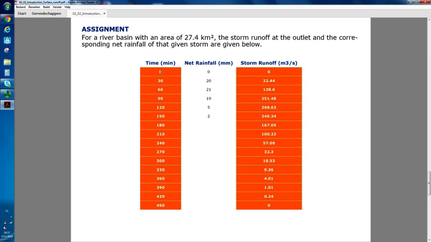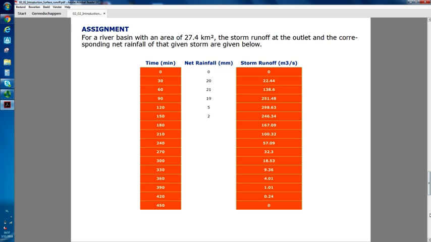During the first time step from 0 to 30 minutes, we have a net rainfall of 20 millimeters. During the second time step from 30 to 60 minutes, we have 21 millimeters of rainfall, and so on and so forth. The corresponding storm runoff is 0 at time 0, 22.44 at time 30 minutes, and so on and so forth.